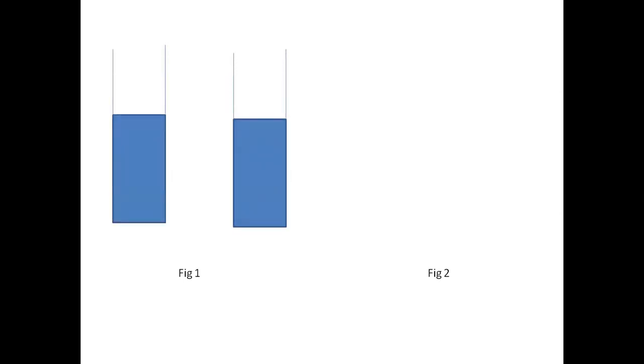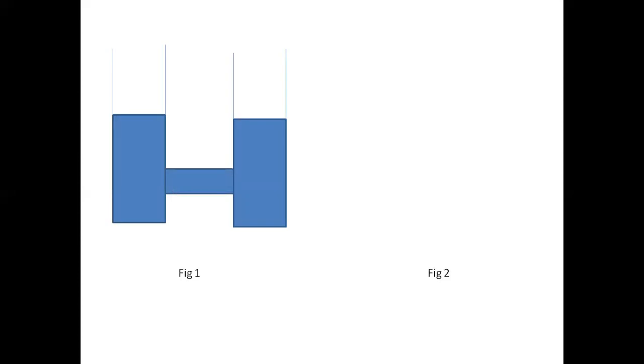Now, before going into detail of electrostatic potential, we will go through a simple activity. Let's say that you have these two containers, and both of them are connected with a single pipe.